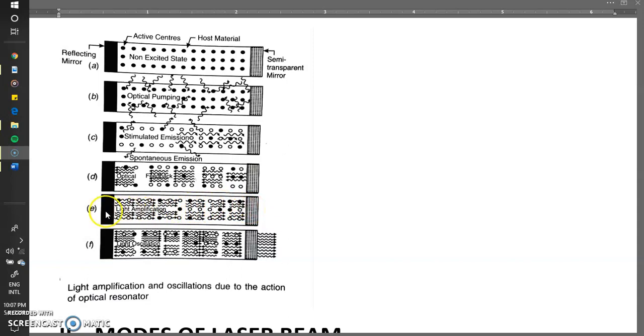Once they reach the second, totally reflecting mirror, again they are reflected back. So like this, they move back and forth between the mirrors till the stimulated emissions sharply increase and light amplification takes place.